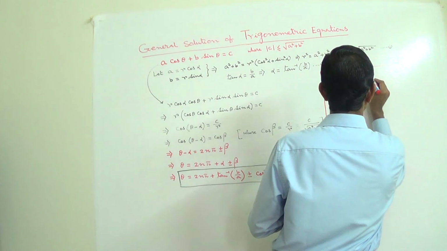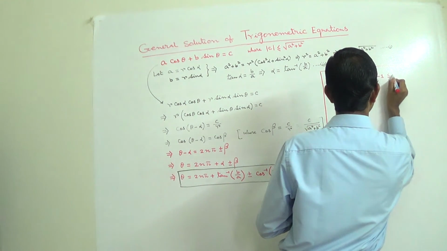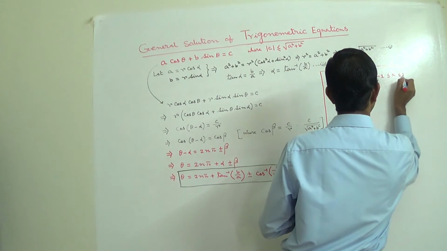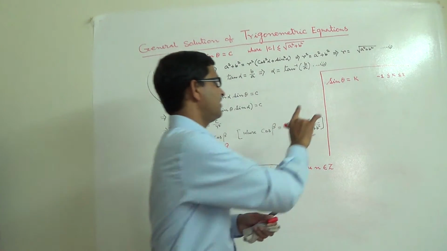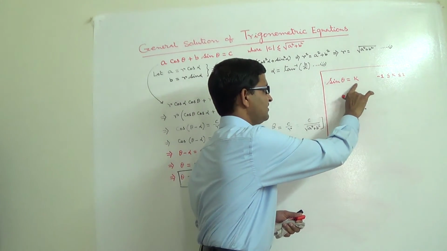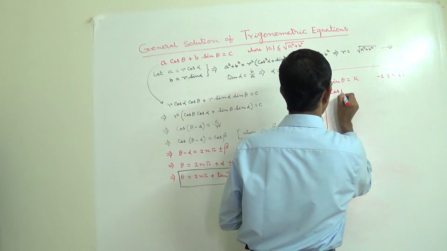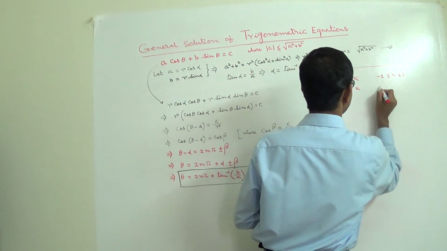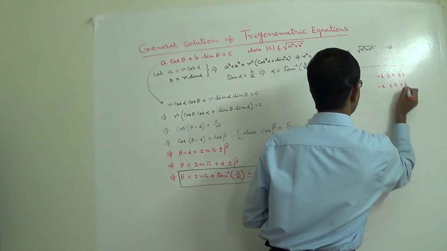So this is only possible when -1 is less than or equal to k, less than or equal to +1. Then only can we find a solution to sin theta equals k. The similar thing applies for cos theta equals k. That means -1 ≤ k ≤ +1.